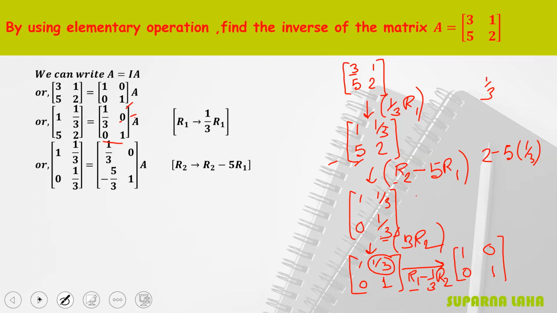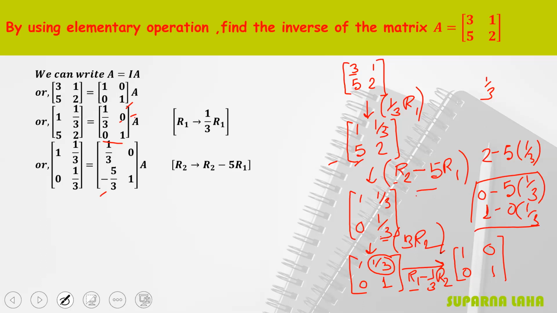On the right hand side, R2, that is 0 minus 5 into 1/3, that means minus 5 by 3. Now 1 minus 0 into 1/3, that is 1 only. So this operation is done.